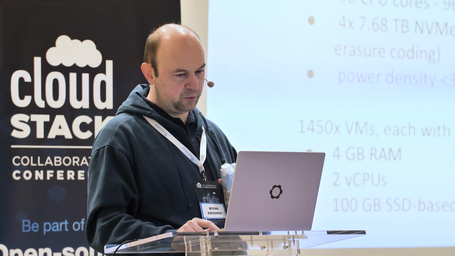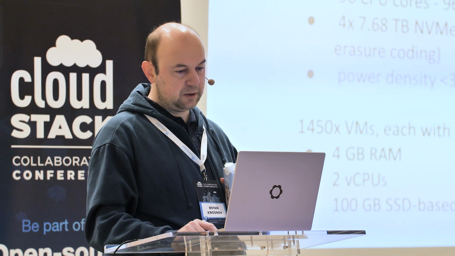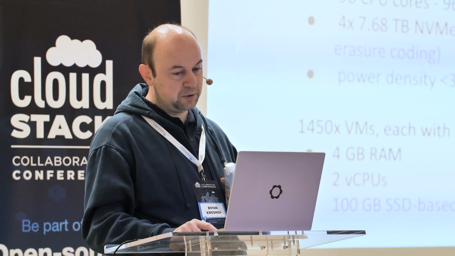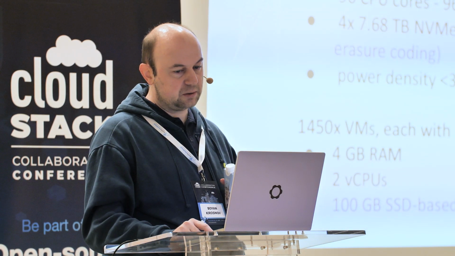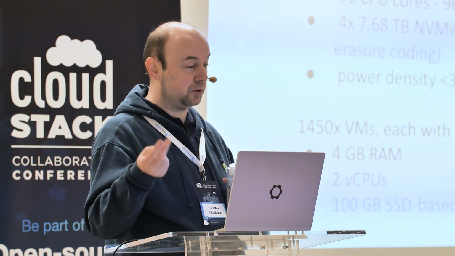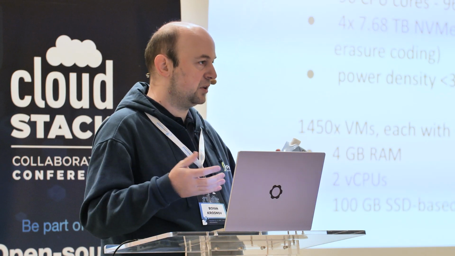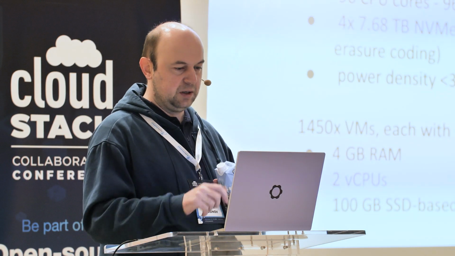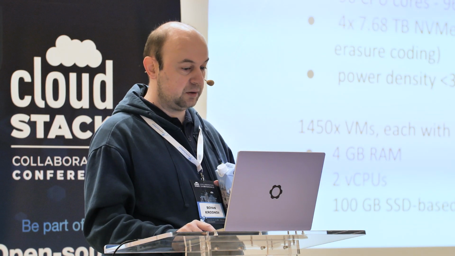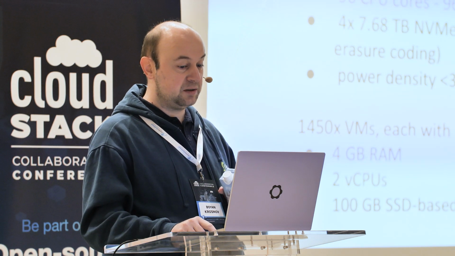With StorPool, with our 2+2 erasure coding scheme, that gives you about 70 terabytes of usable space. The 2+2 scheme can tolerate 2 faults, so 2 nodes could be down and you still have your data and access to it. It has relatively low power density, about 300 watts or less per rack unit, which means it's easy to cool.